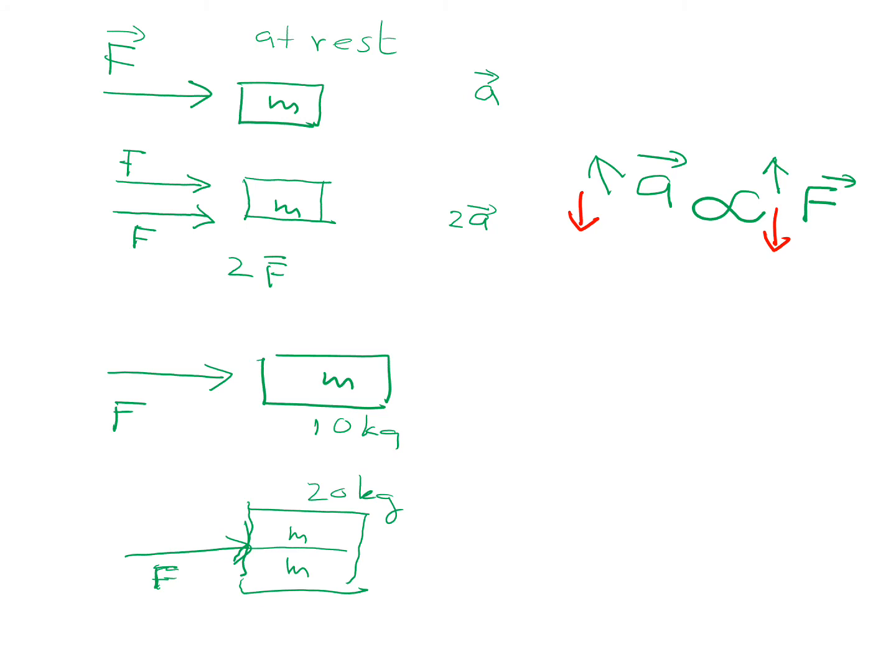So we know mass is inertia, the tendency to resist motion. If you have a higher mass, the same force is effectively smaller compared to this scenario. So what will happen to the acceleration? I can write acceleration is inversely proportional to mass, which is an opposite relationship.